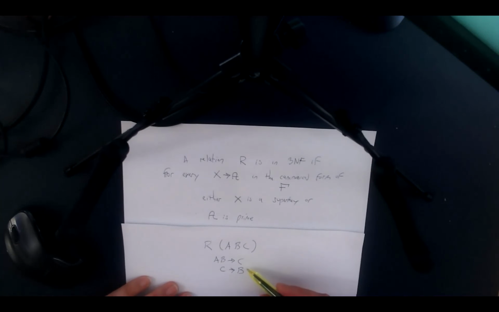Yes, because we only have one attribute on the right-hand side. Is AB a superkey of this relation? Yes. Is C a superkey? No, but B is prime. Therefore, this is in 3NF.